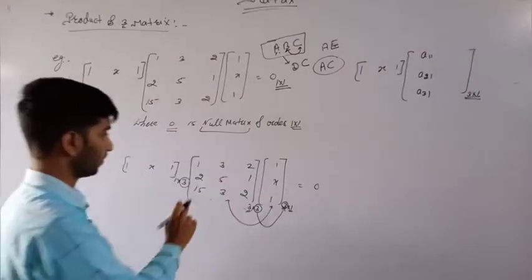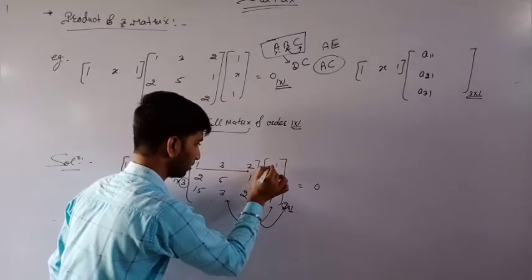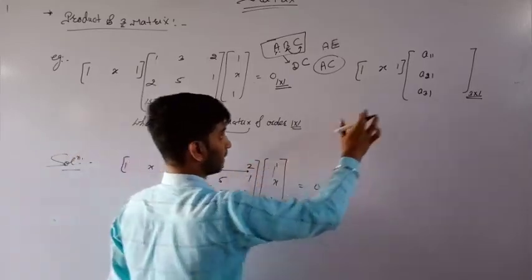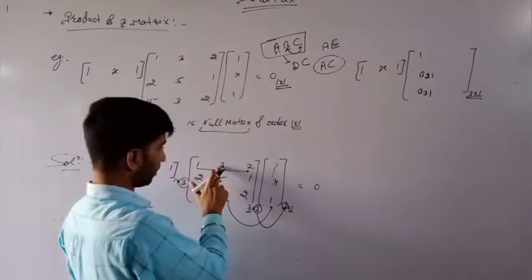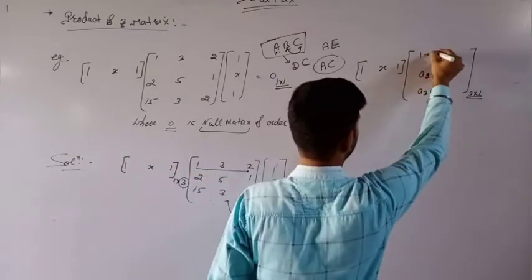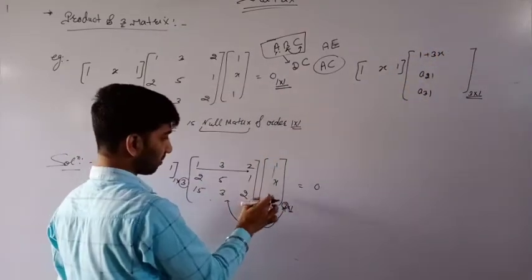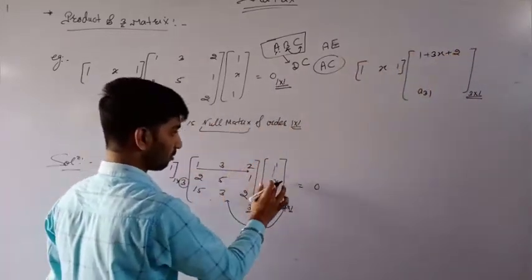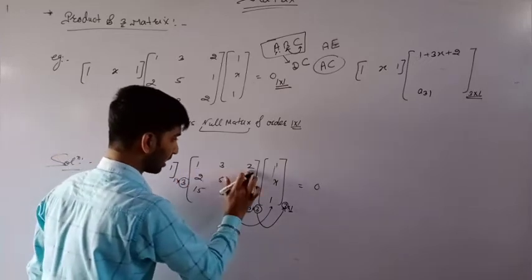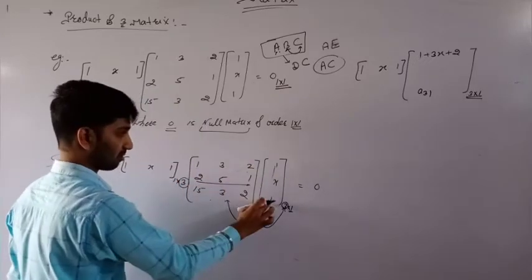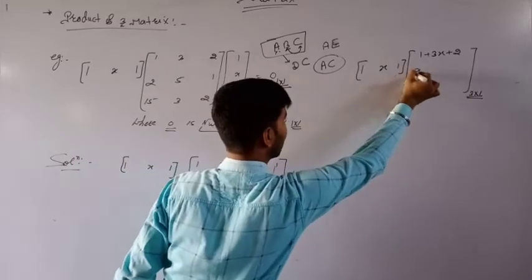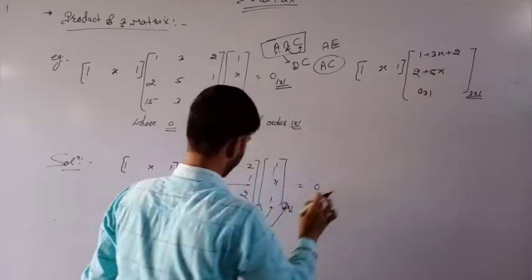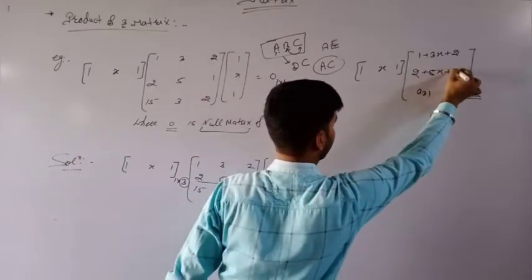a11 means first row first column: 1 multiply 1 is 1, 3 multiply x is 3x, plus 2 multiply 1 is 2. That is first row first column. Now we start second row first column: 2 multiply 1 is 2, 4 multiply x is 5x, and 1 multiply 1 is 1.